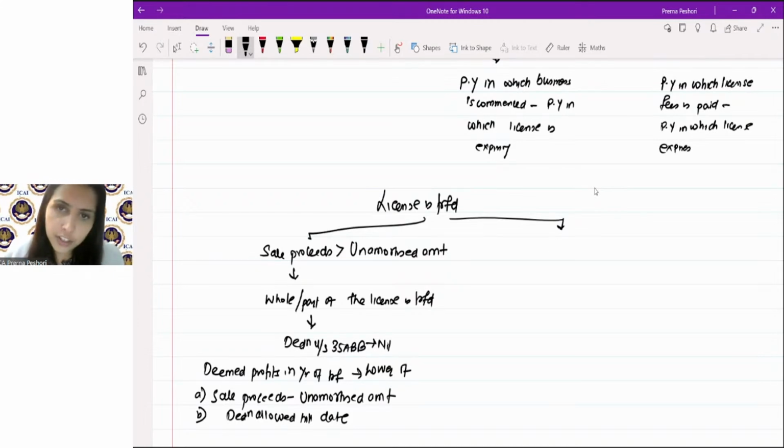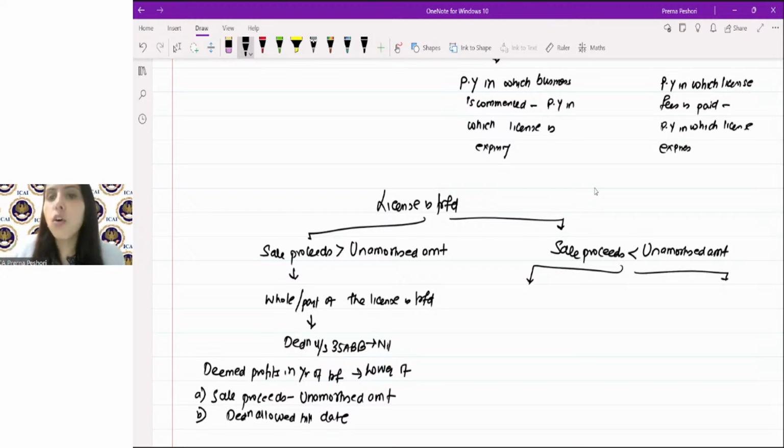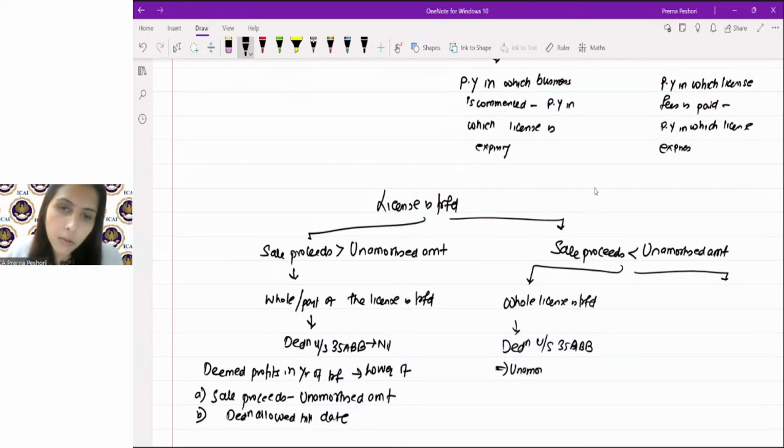Clear? If the sale proceeds are lesser than the unamortized amount, then if the whole license is transferred, then the deduction under section 35ABB will be the unamortized amount minus sales consideration.